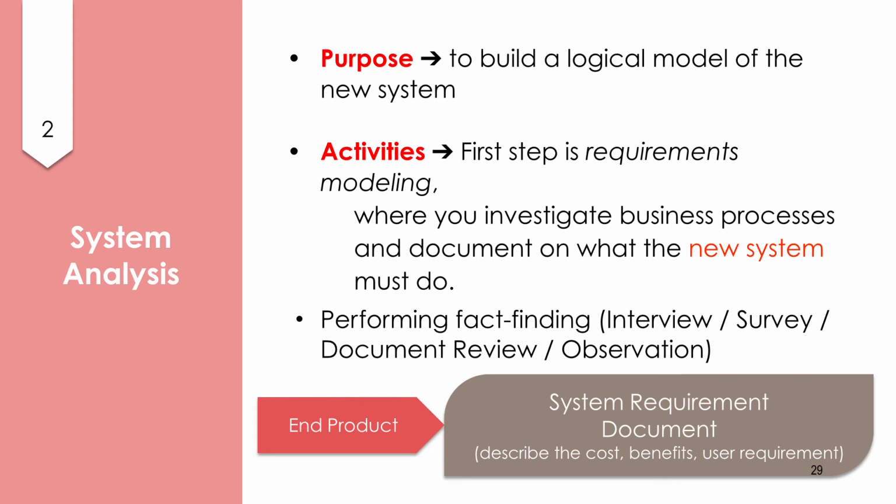Okay, so nampak kat sini, it narrows down your activities. In the first phase, masa system planning, you investigate about the whole company. You need to know about the mission, about the vision lah, apa benda semua, and then you know about the problem. But now here, in the second phase, you are going to narrow down your investigation, where you only focus on the problem of your customer.